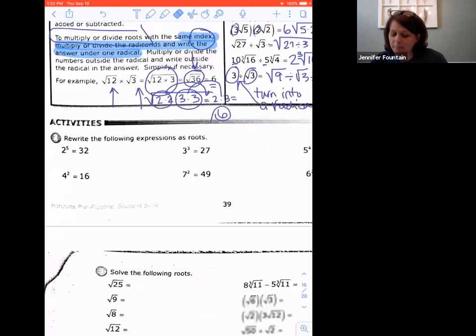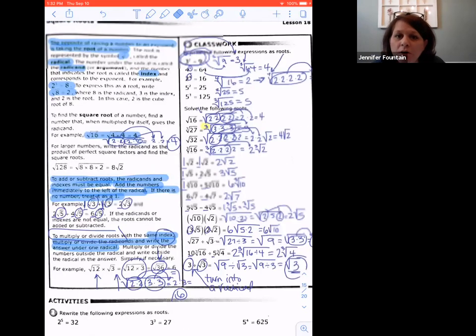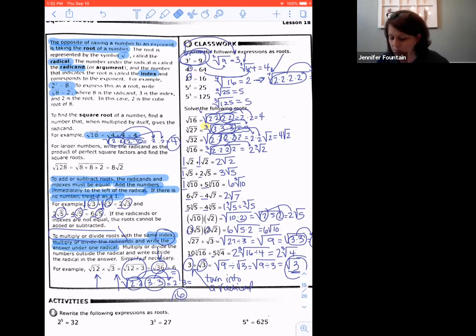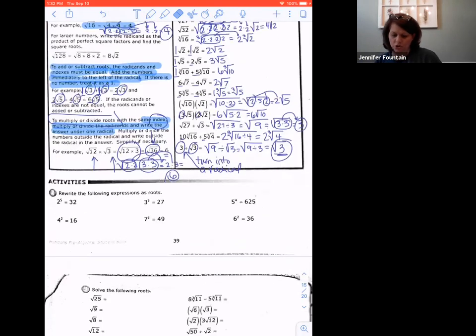We're going to look back at the first part of our classwork. Look at what we did. We saw that our base number became our answer, our exponent becomes our index, and the number on the right-hand side of the equal sign becomes our radicand. Go ahead and work these in activities 2.